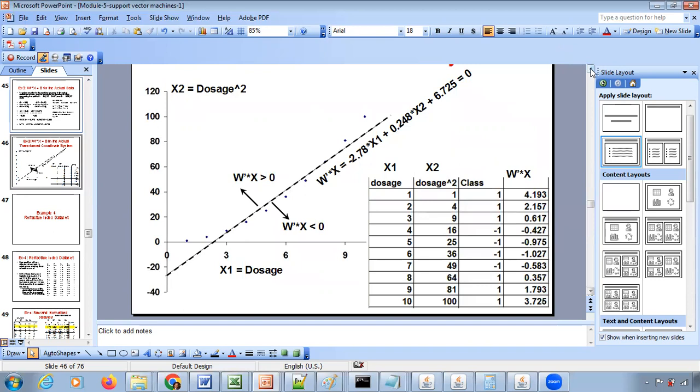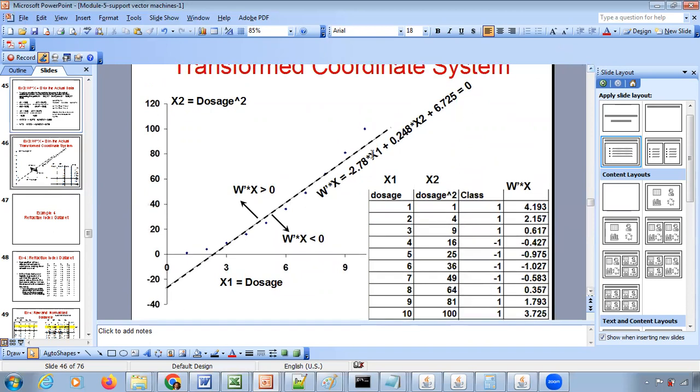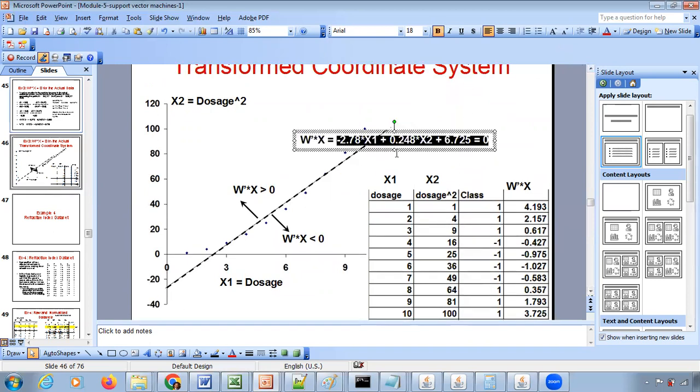So if this is the equation for the decision boundary in the raw data scale, you do the kernel trick and see it as a two-dimensional system, x1, x2, the dosage and dosage square, and that's the decision boundary for the raw coordinate system, or the actual coordinate system.